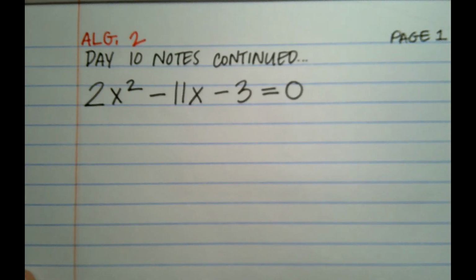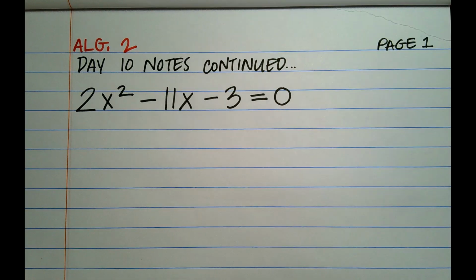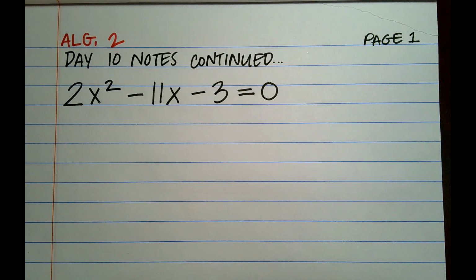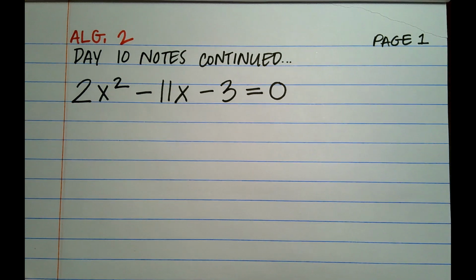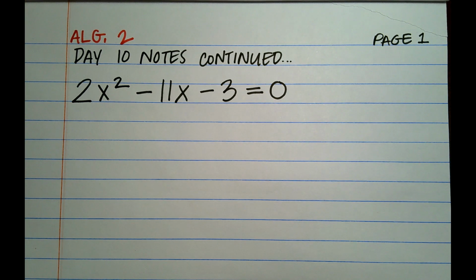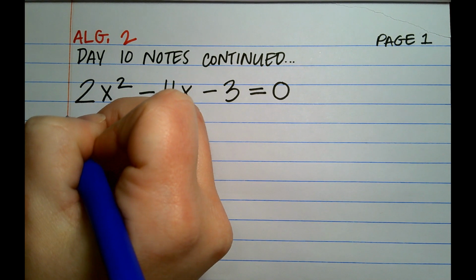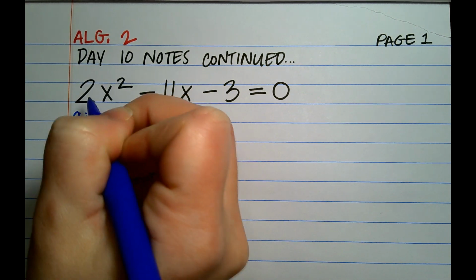Okay. So we are starting this new problem. We're going to work through it slowly. Now, Lisa, you tell me, what do we do first? A, B, and C. What are my A, B, and C? My A is 2.